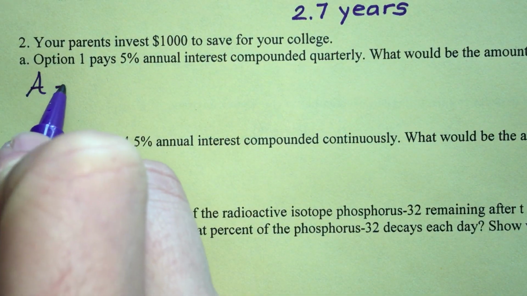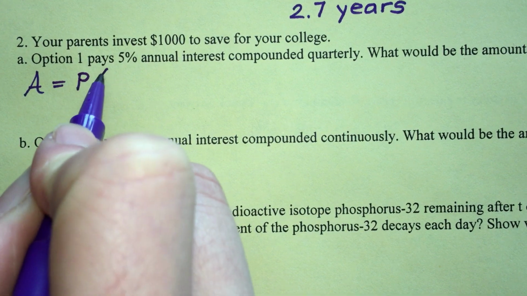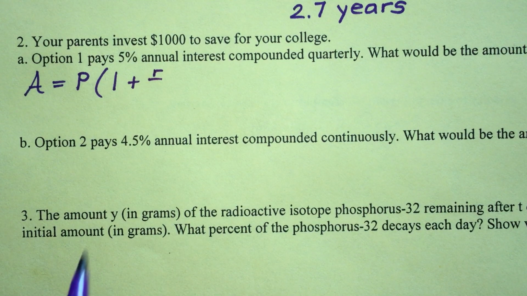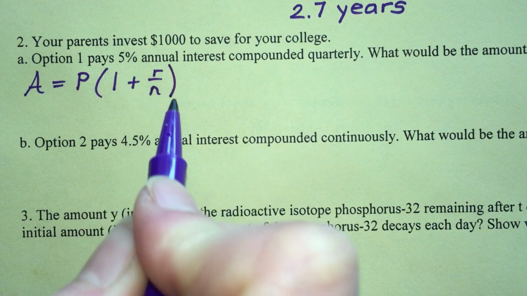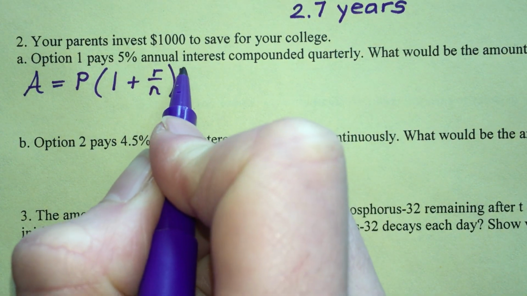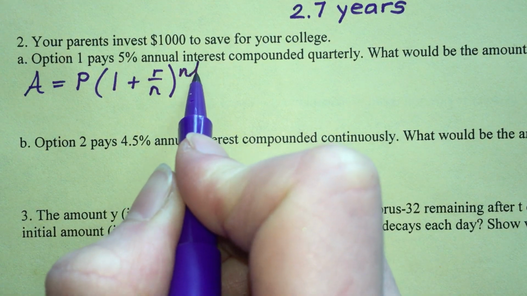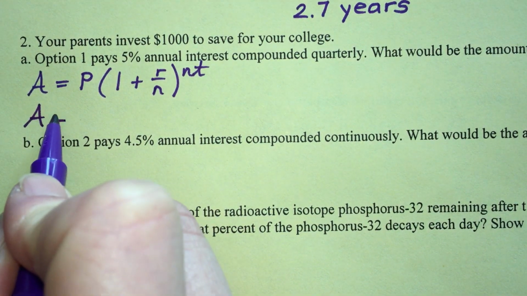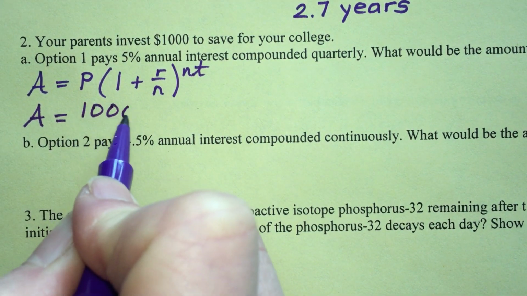It's the amount equals the principal times 1 plus R, where R is our rate in decimal form, N is the number of times per year, and then N appears again in the exponent times the time in years. So 5%, let's see, we're looking for the amount and we're starting with 1,000, that's called the principal.